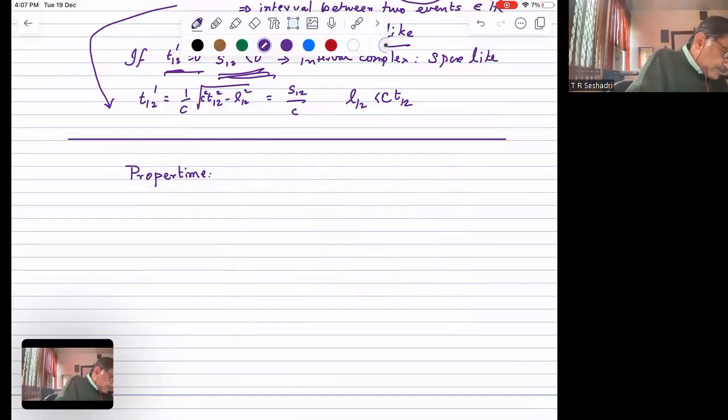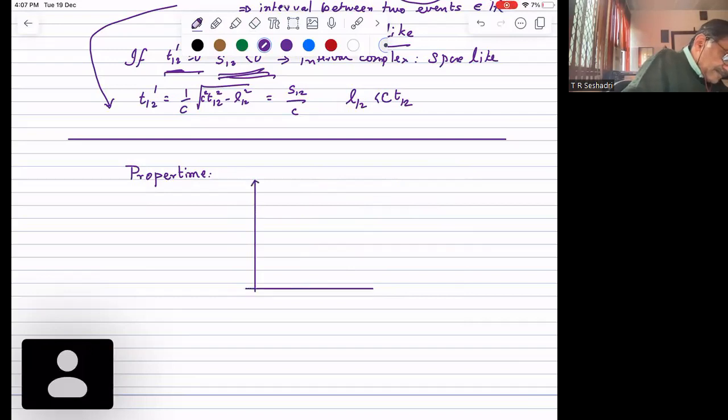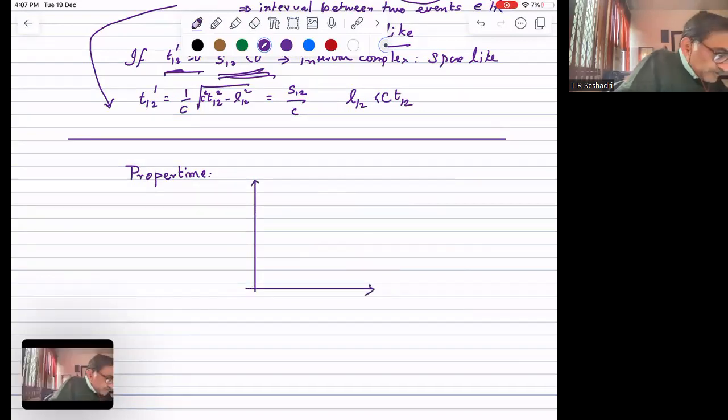Suppose I have one frame. In this frame, I have two events which happen at the same spatial position, so L2 minus L1 equals 0.